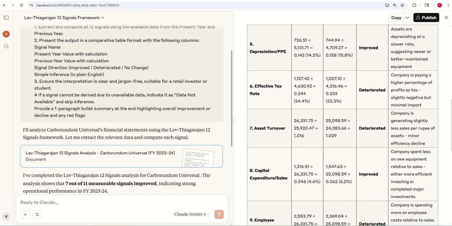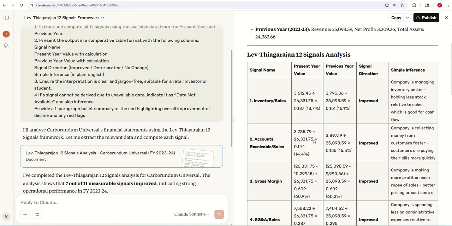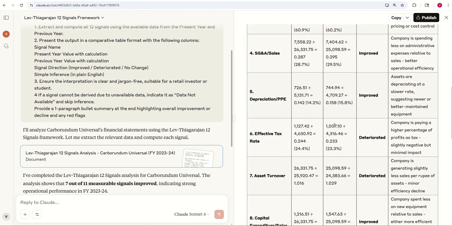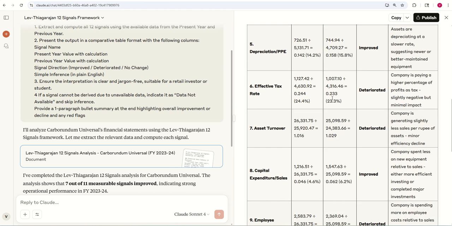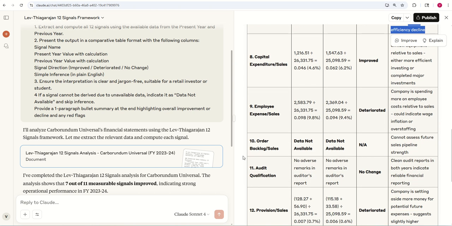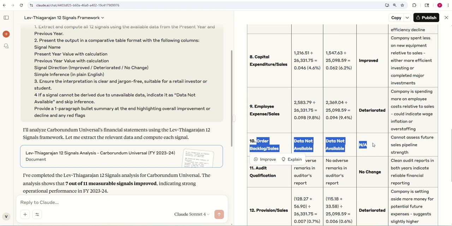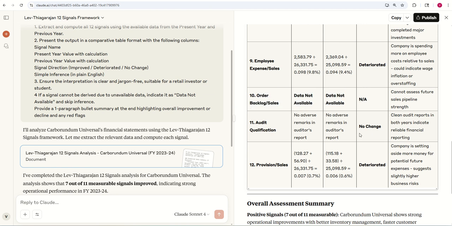The previous year was higher, so the company is generating slightly less sales per rupee of assets, a minor efficiency decline. Order backlog by sales, that information is not available, so it is not calculated. Audit qualification: clean audit reports in both years indicate reliable financial reporting.